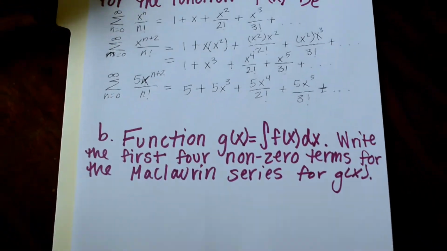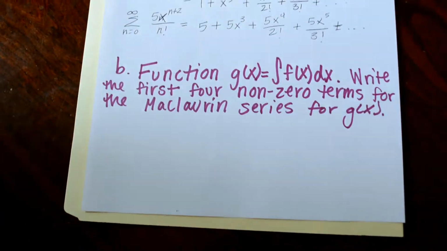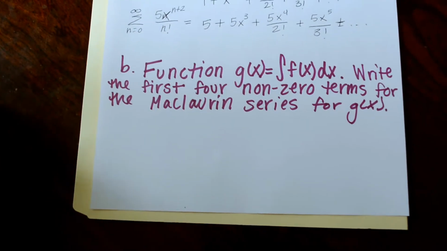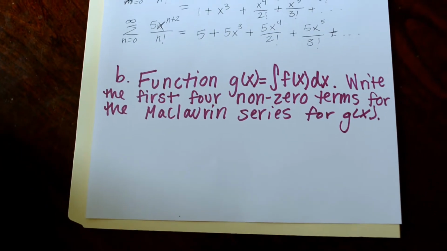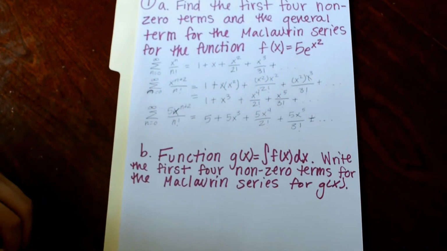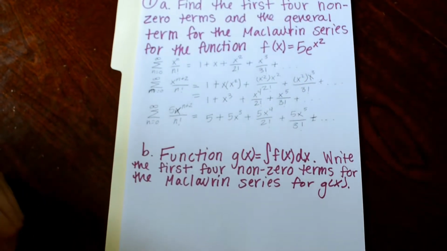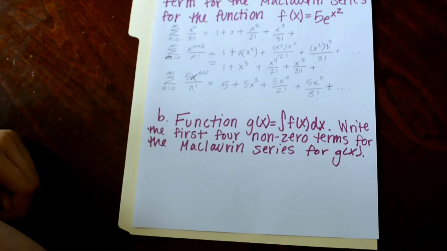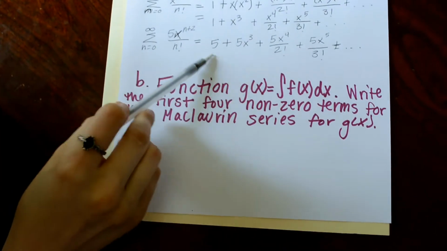Now the second part is the function g of x equals the integral of f of x dx. Write the first 4 non-zero terms for the Maclaurin series for g of x. All you do for this is take the integral of each term.